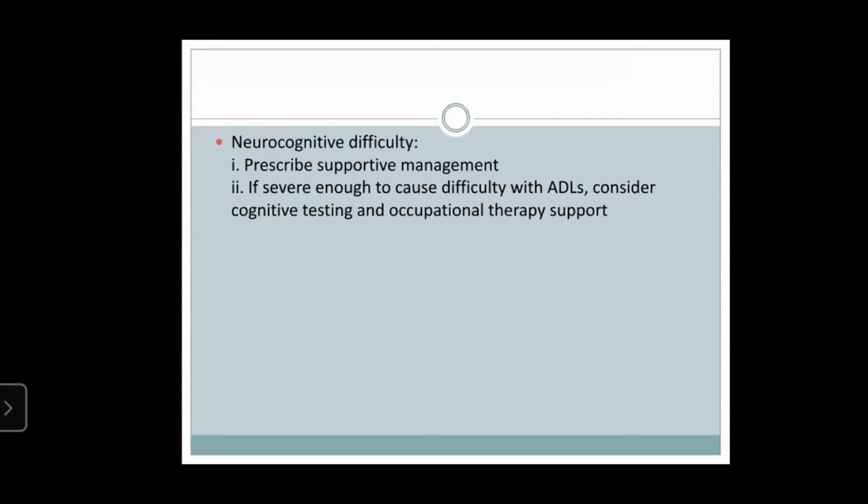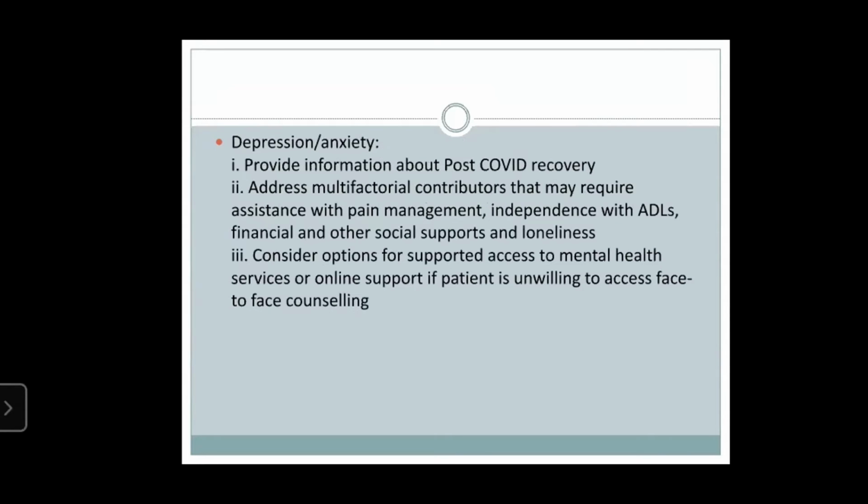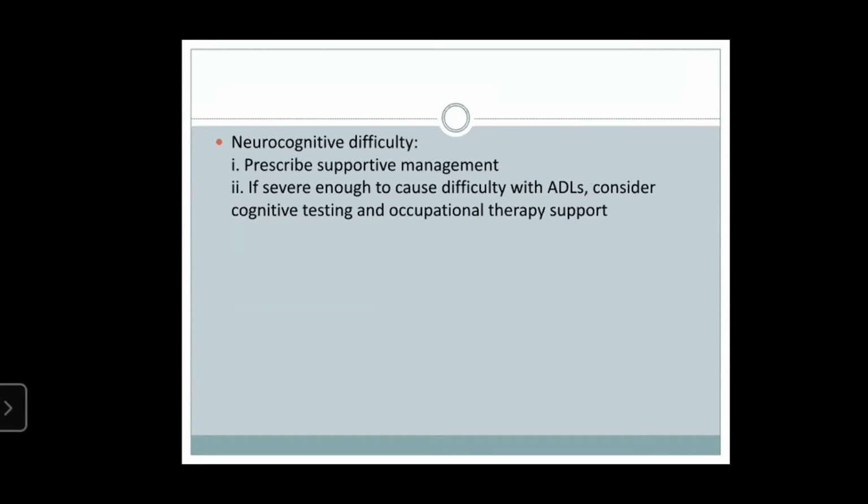Neurocognitive difficulty and also depression or anxiety actually fall under neuropsychiatric complications associated with post-COVID-19. As we know, this pandemic has had a huge impact on the psychology of the mass population.